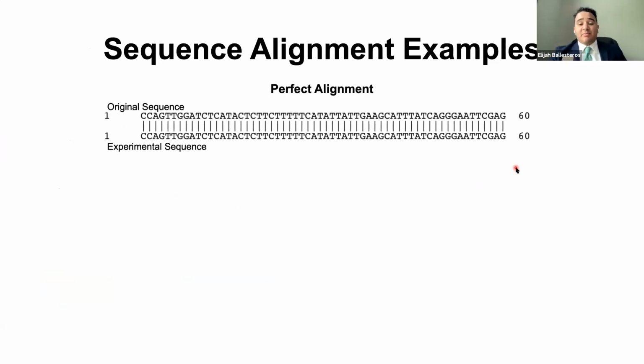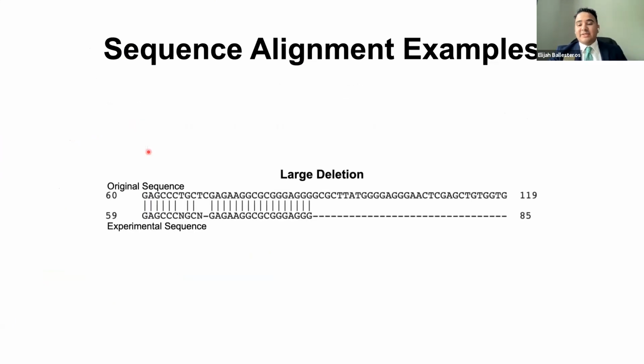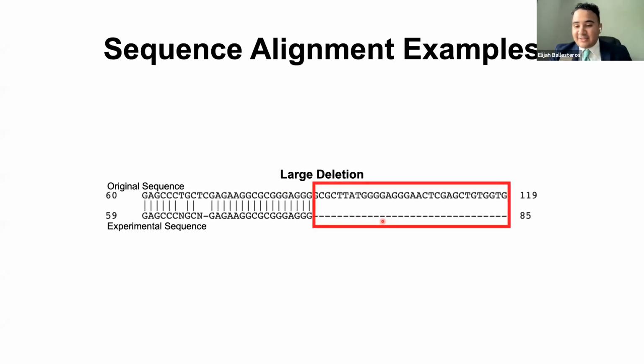Here we see an example of a perfect alignment, which typically doesn't happen, but all the bases in the original sequence are aligned with the experimental sequence that was replicated and repaired. Here we see an example of a large deletion. As you can see, the bases in the experimental sequence are not even present, indicating large deletions.